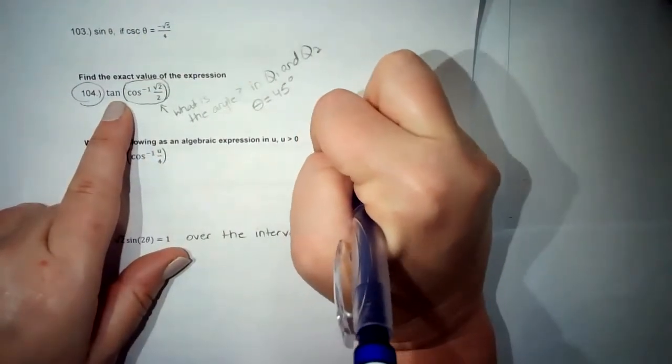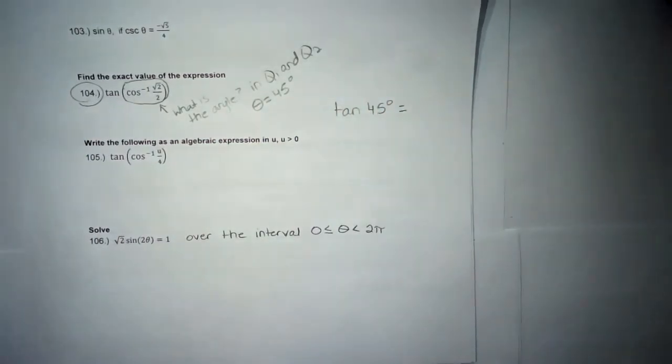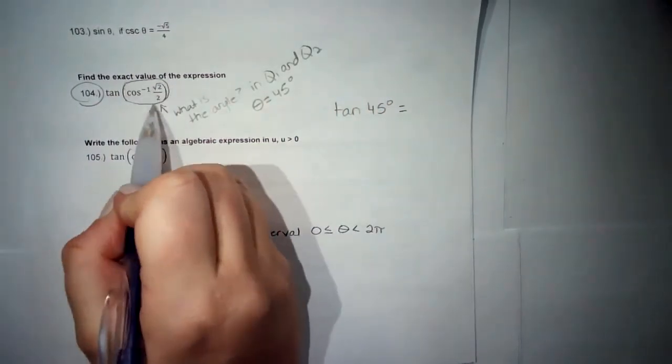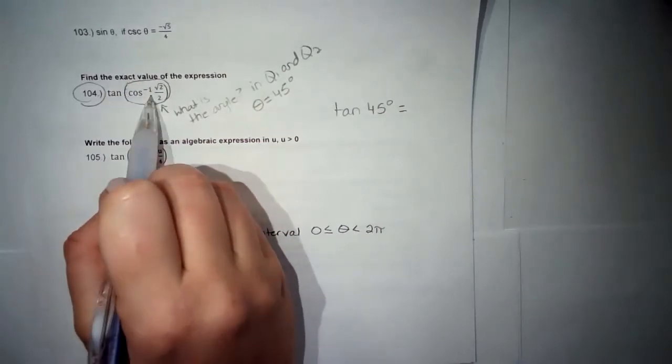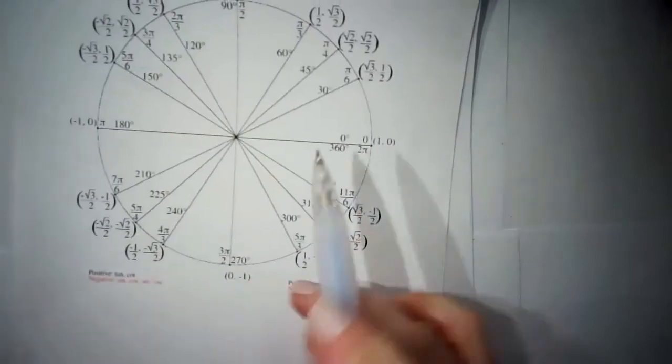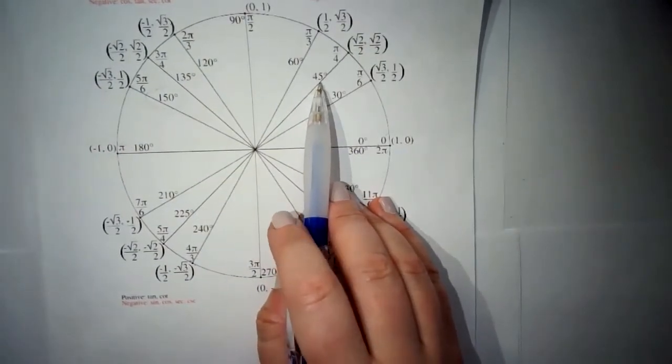So now I take the tangent from the outside and I apply it to the 45 degrees. So we did what was inside and this became 45 degrees. So now the tan of 45 is y over x, or sine over cosine.